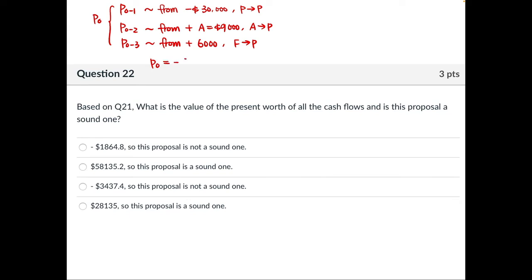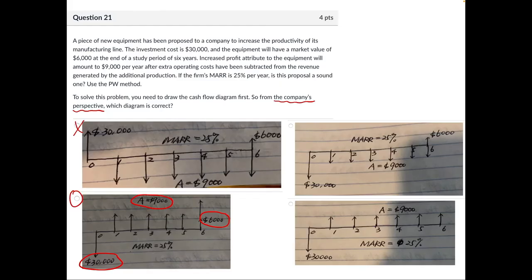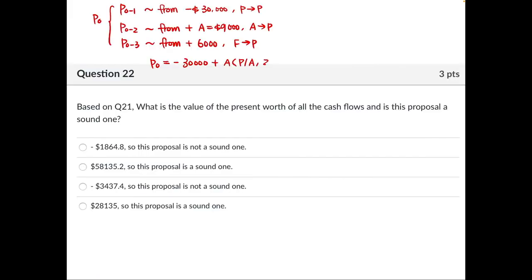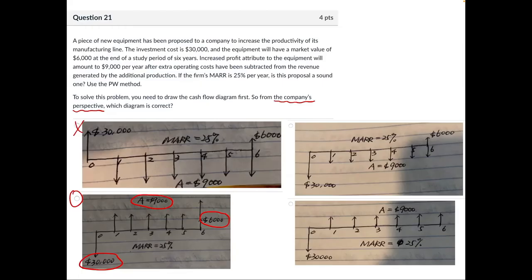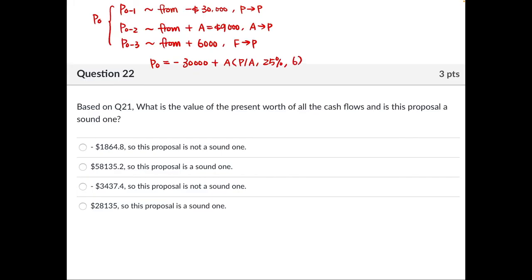First, you just need to write down the 30,000 because it's already present worth. And then you need to use the formula to convert the annuity to present worth, which is A times P/A, interest rate 25%, number of periods is 6.